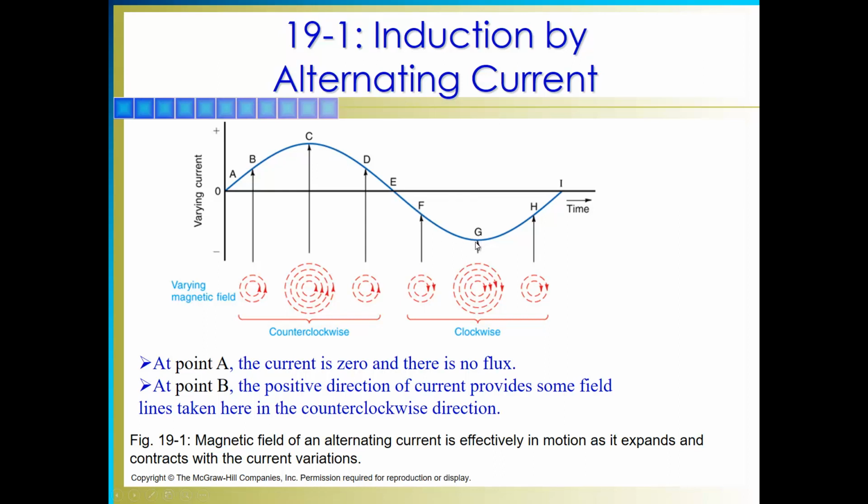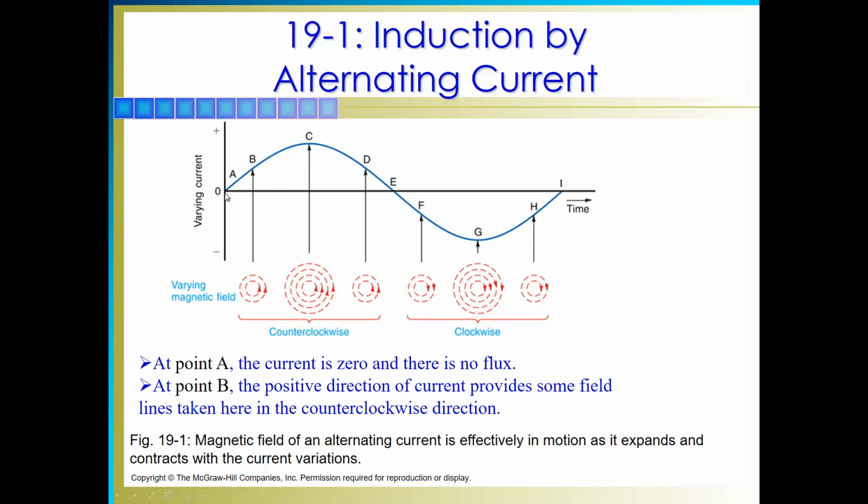Whenever it gets to the maximum negative value, that's where the current changes the fastest.